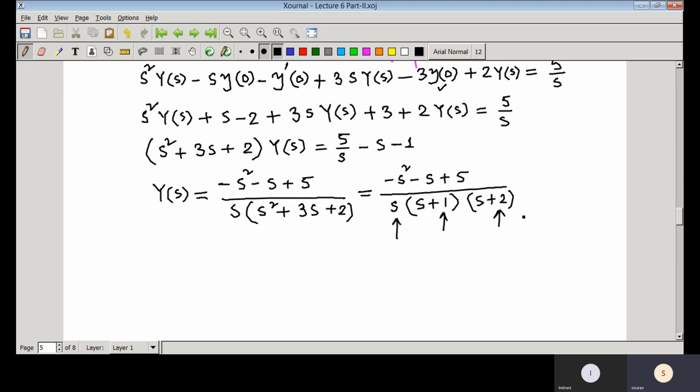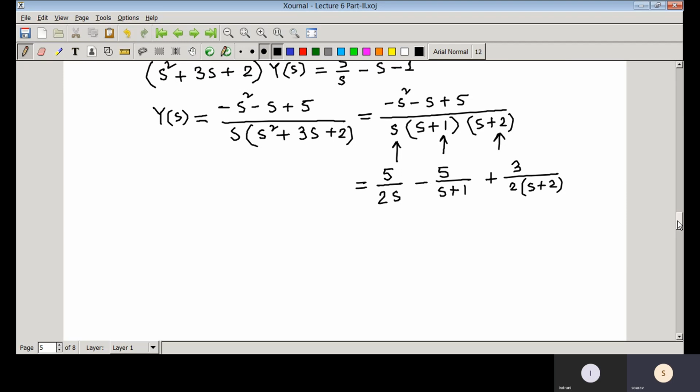So if you write it in partial fraction form, I am just writing it here directly, that is 5 by 2s minus 5 by s plus 1, then plus 3 by 2(s plus 2). I ask all of you to do it on your own. You find the partial fraction form, and finally you will get this form. Then apply inverse Laplace transform as before.